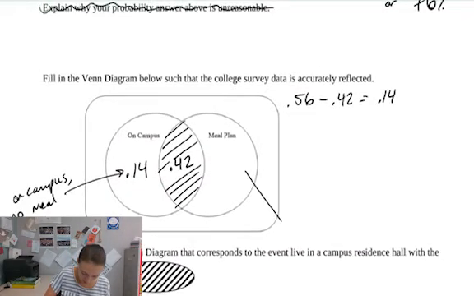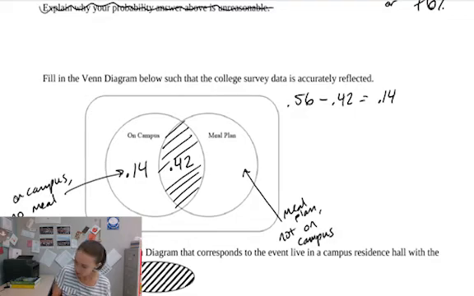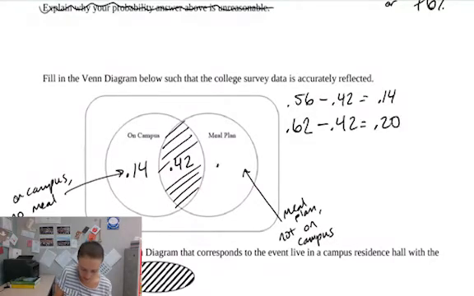Similarly, this represents meal plan, but not on campus. So if 62% of students have a meal plan and 42% live on campus, then 20% are going to have a meal plan but don't live on campus.